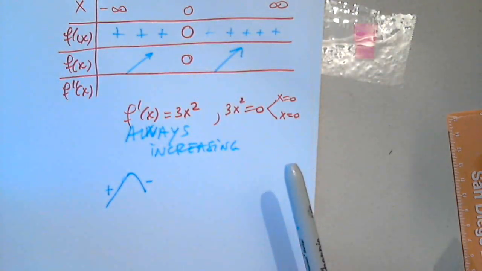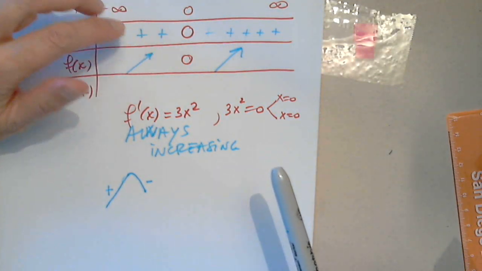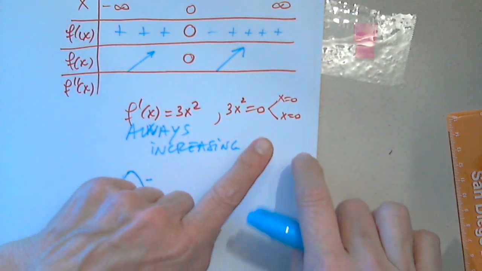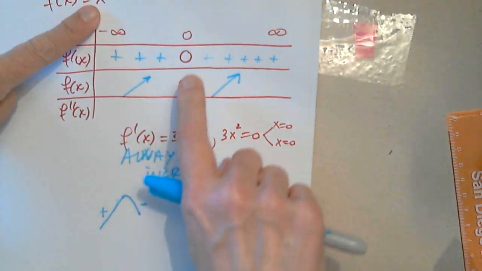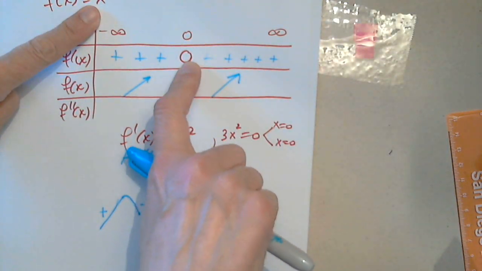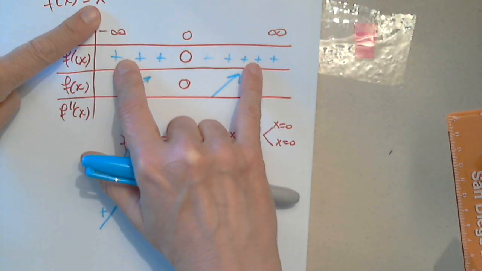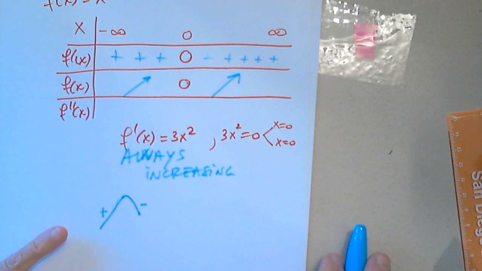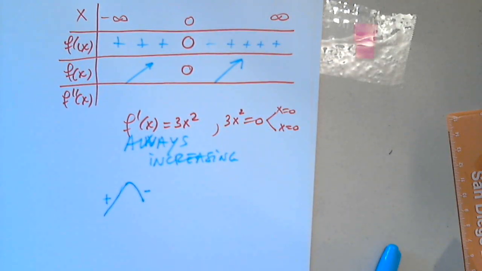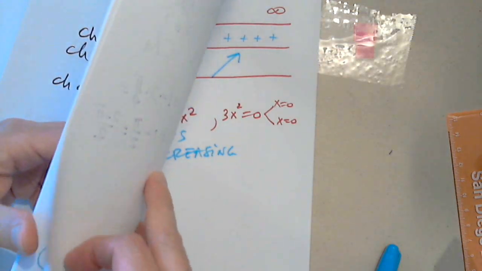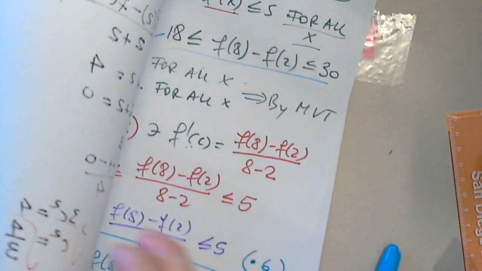Critical numbers may change into max min, not necessarily. In this case, the function has a critical number, 0. But the derivative never changes sign. If it never changes sign, the function cannot have max min. So, very good question. Let's go back to what we did last time, one more time.